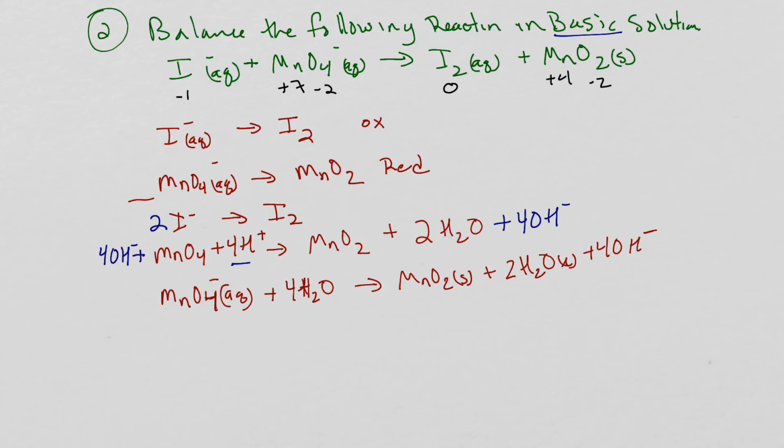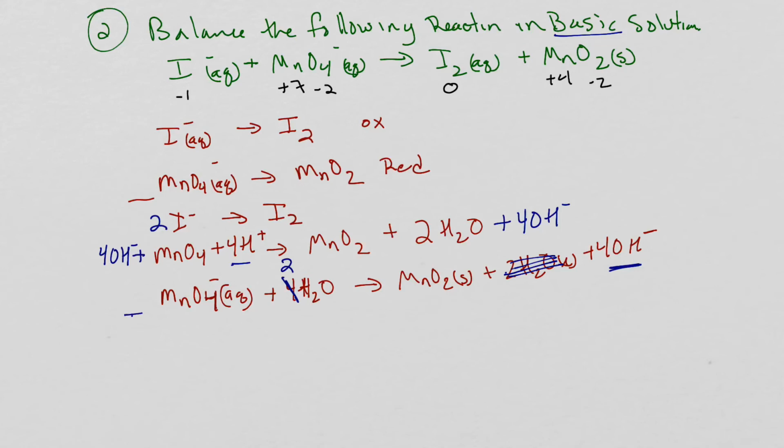So notice now, instead of having hydrogen ions, we have hydroxide ions, creating a basic solution. Now, this half reaction is ready to go, except we do need to clean up the water a little bit. We can get rid of these 2 waters here and turn this into just 2 waters. We don't need to have water showing on both sides of the equation.